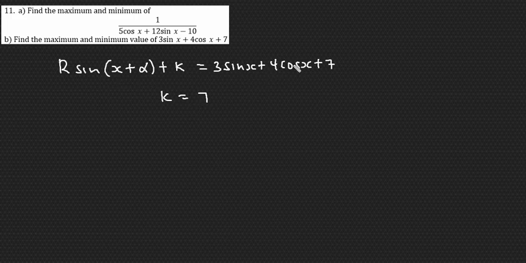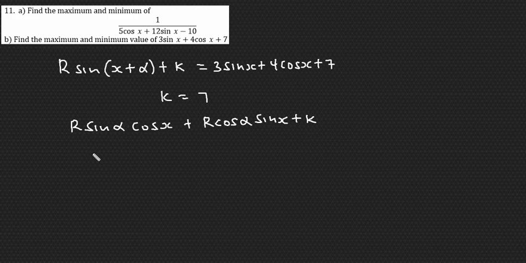Now let me convert these two terms in this form. So by expanding this, I'll get R sine alpha cos x, then plus R cos alpha sine x plus our constant, if I expand the left hand side.